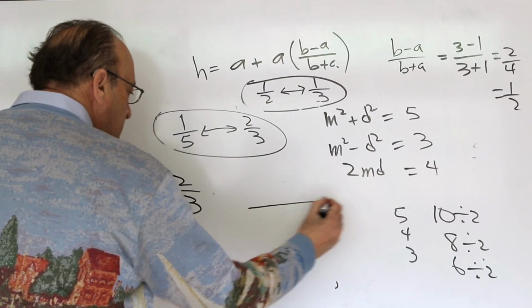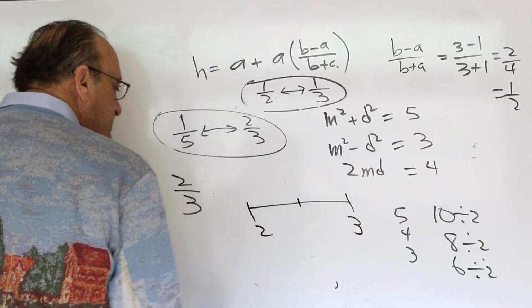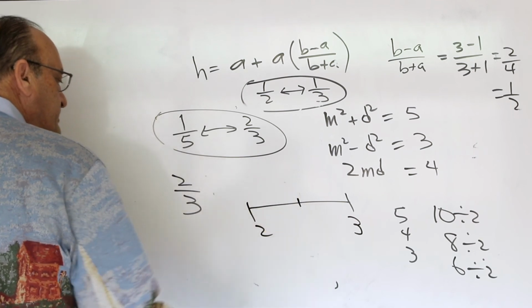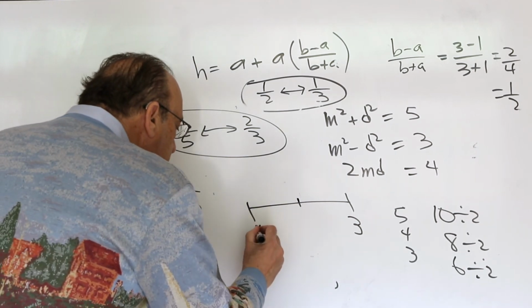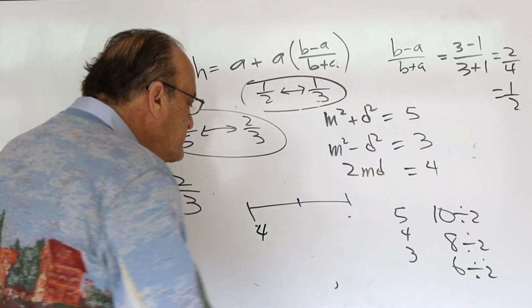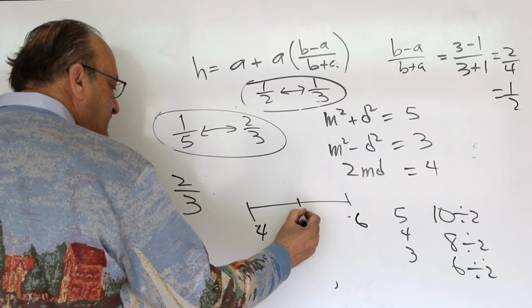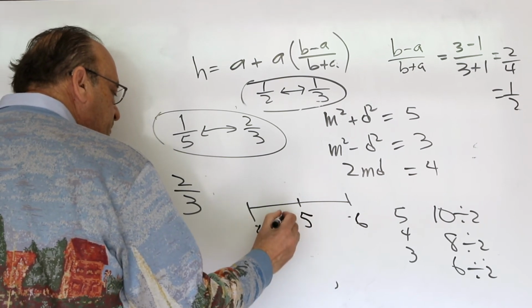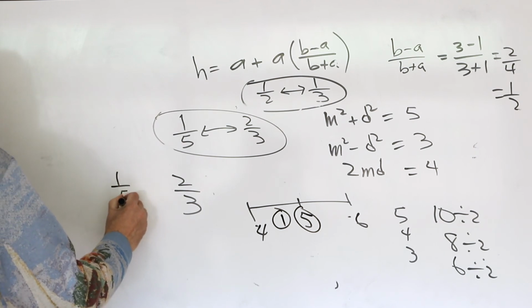Let's put 2 here and 3 here. Now, the middle won't be a whole number, so let's double the 2 and get 4, double the 3 and get 6. So the middle is 5, and when we subtract, we get 1. So we get the fraction 1/5.